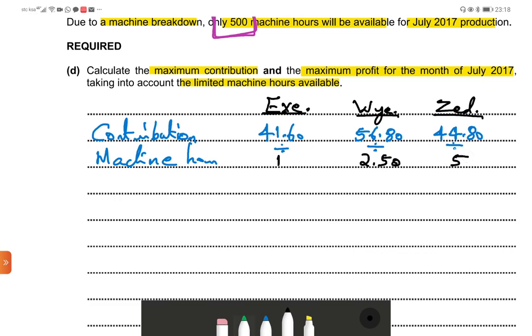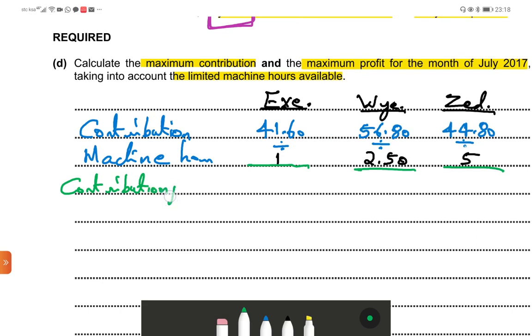So contribution per machine hour is equal to 41.60 divided by 1, 41.60, and 56.80 divided by 2.50, 22.72. Next Z, 8.96.